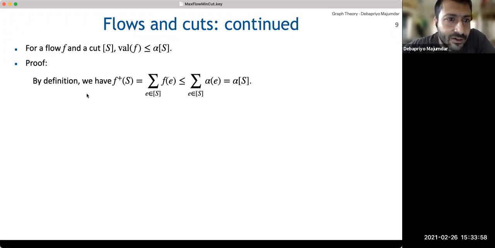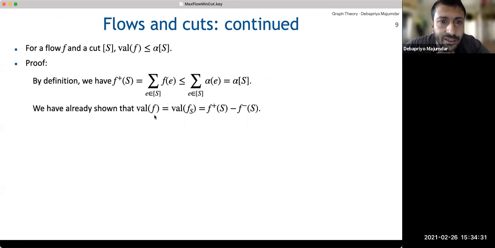By definition, we already know f plus s is equal to, for all edges in the cut, the total flow, right? But the total flow has to be upper bounded by the capacity, so the capacity of the cut. So it's clear that f plus s is less than or equal to the capacity of s. Now, from this we have to get to the value of f.